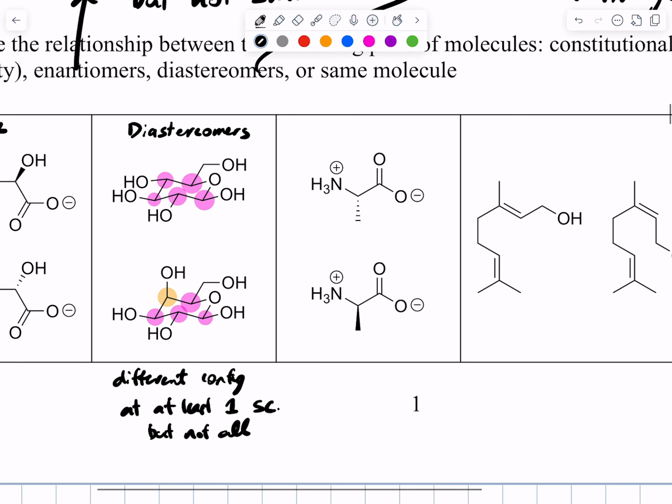Okay, how about these two? Next one. Enantiomers, okay, that is easy to tell because it has one and only one stereocenter and they have opposite configuration. So that one's easy because if it's just got one stereocenter, it's got to be chiral, and if it has opposite configuration at that one stereocenter, it's got to be an enantiomer.